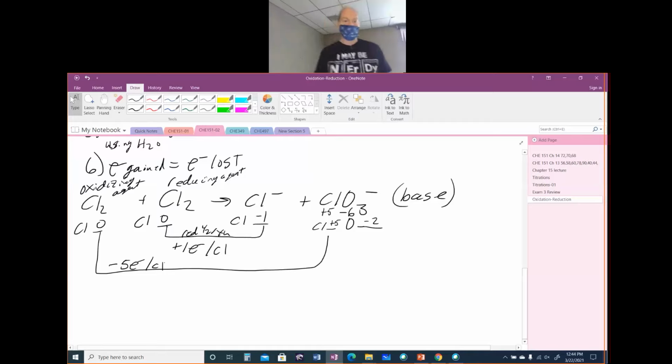And so now we can break it into our half reactions. If we have our Cl2 going to Cl minus, what you should immediately do is know that if I have 2 Cl's at 0, then I have to have 2 Cl's at -1. You must immediately put the coefficient of 2.